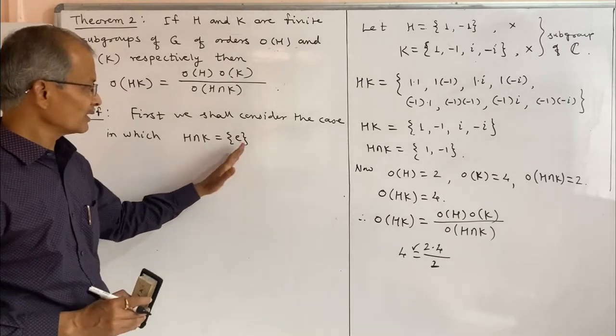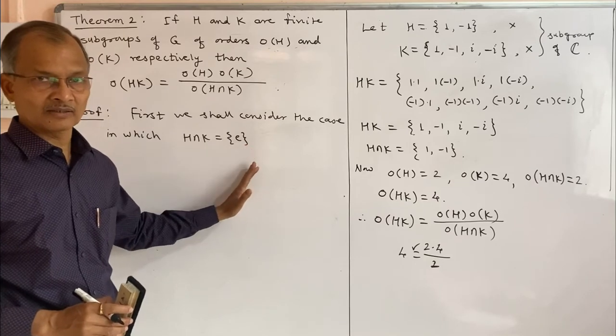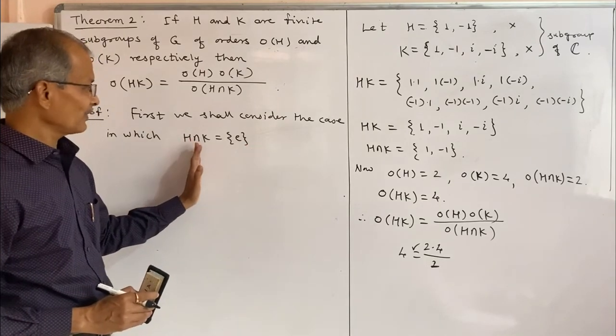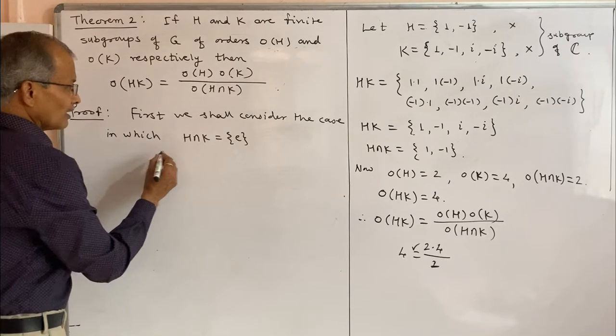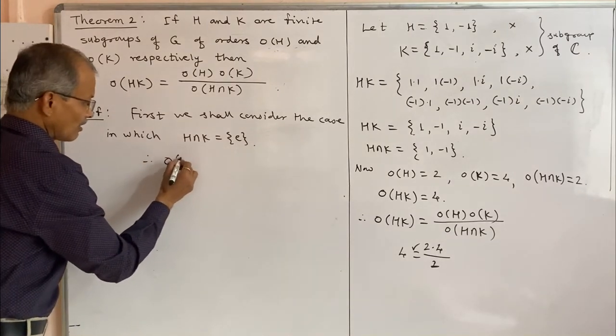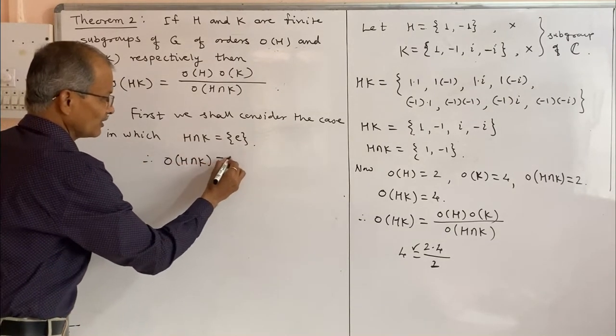And if it contains only the identity element and no other, then what will be the order of H intersection K? Therefore, order of H intersection K will be only 1.